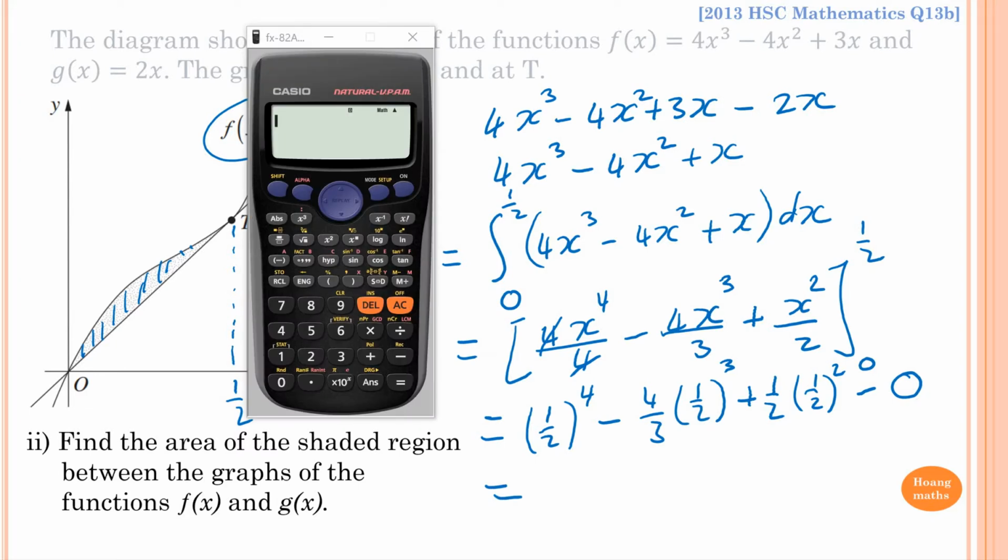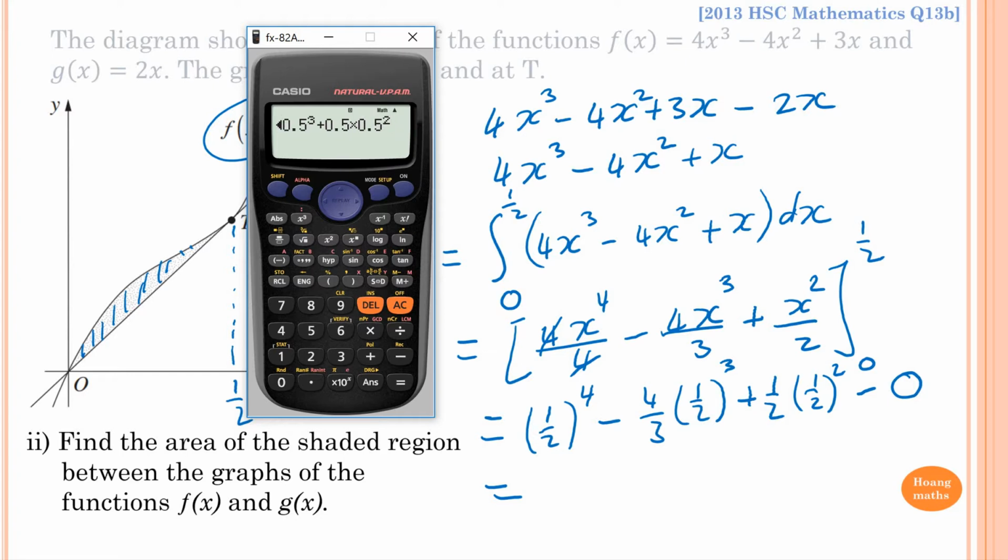I go 0.5 to the power of 4, then minus 4 over 3 of 0.5 cubed, then add 0.5 times 0.5 squared.